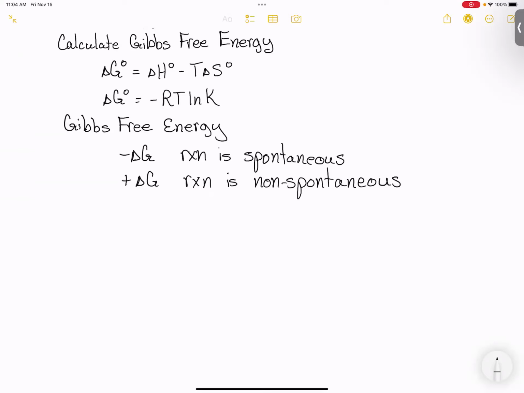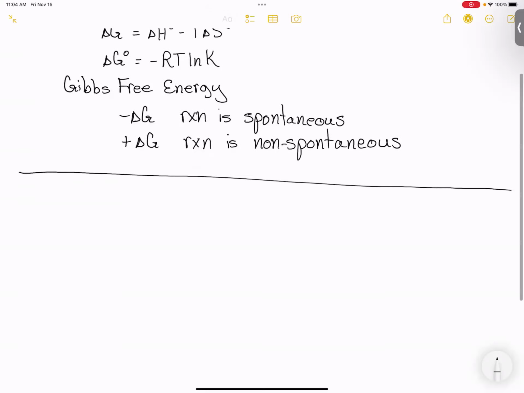Now, to calculate delta G naught using delta H naught minus T delta S naught, there are a few things that you need to pay attention to. Number one, delta H, when we calculate it, will be in kilojoules.